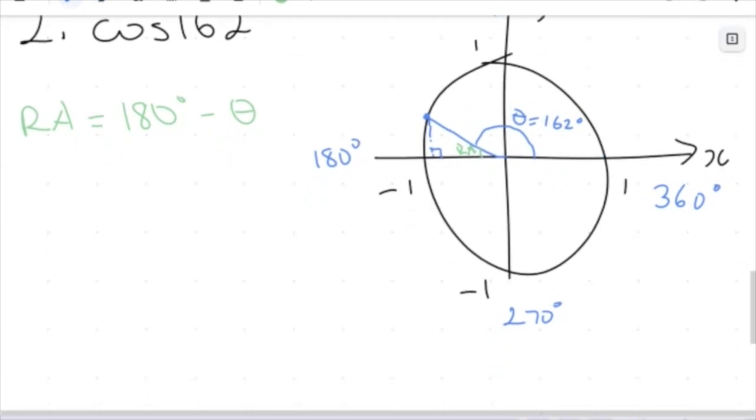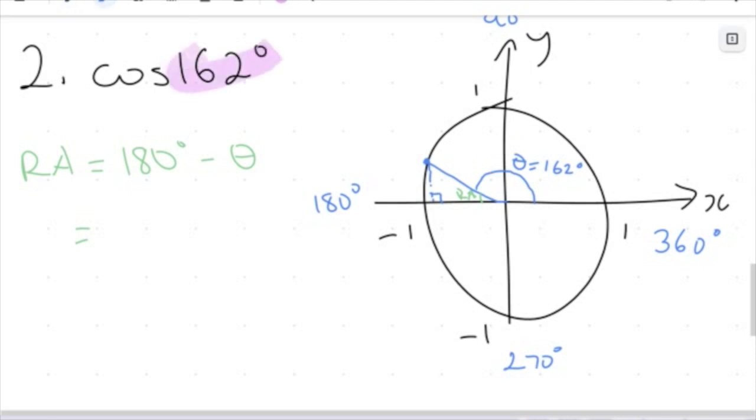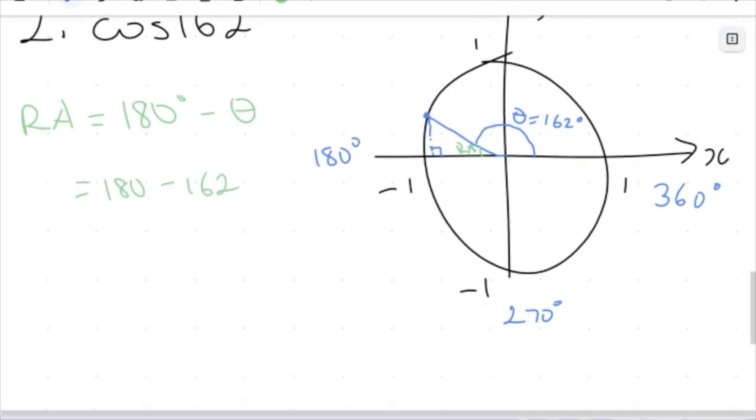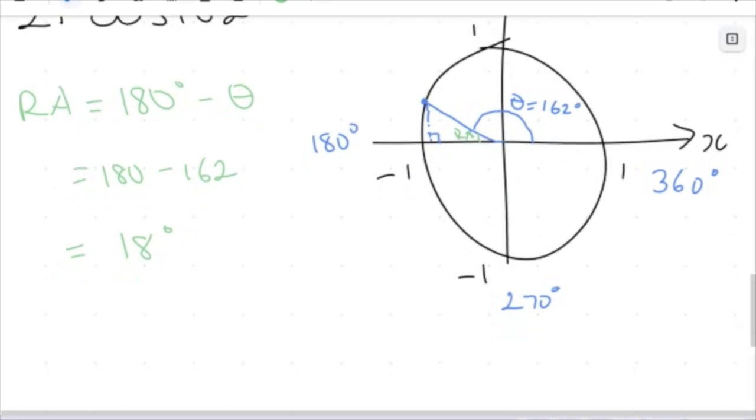Okay, so let's continue on with this. My theta now, I can substitute 162 degrees in for that symbol. So I have 180 minus 162, which is then going to give me 18 degrees. Okay, perfect.